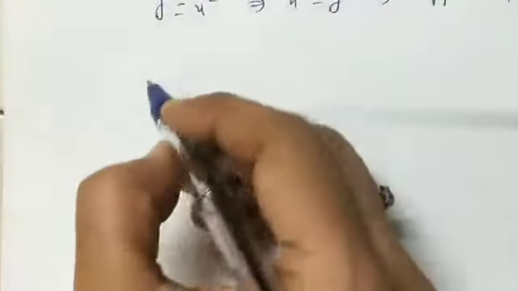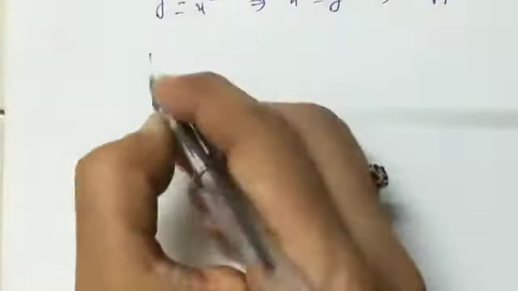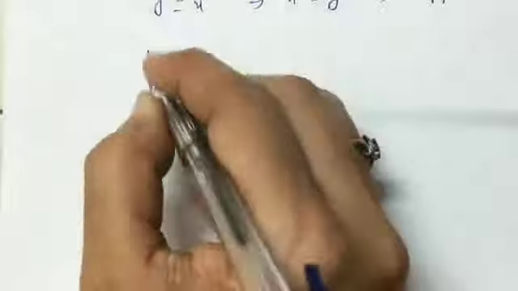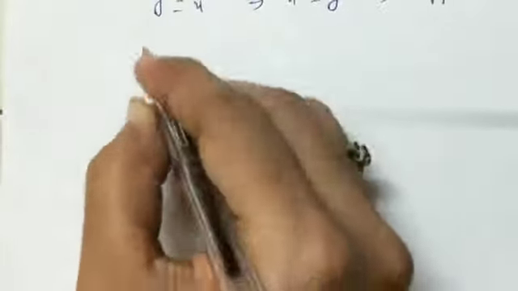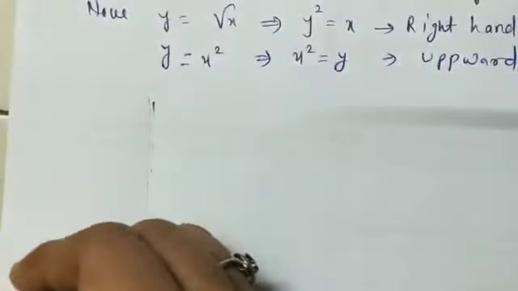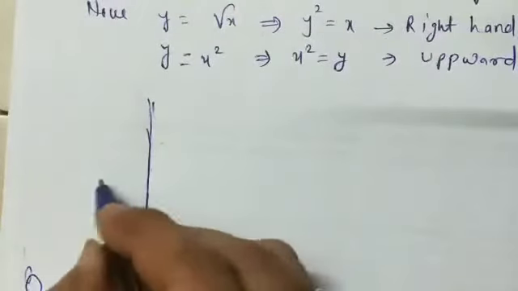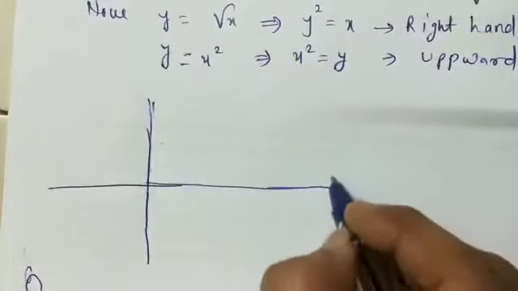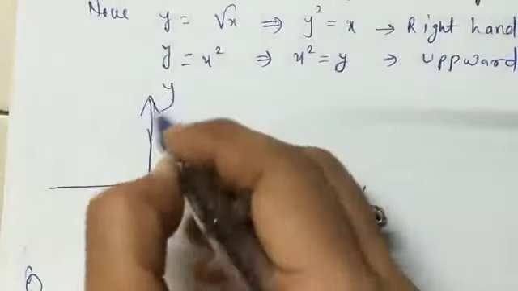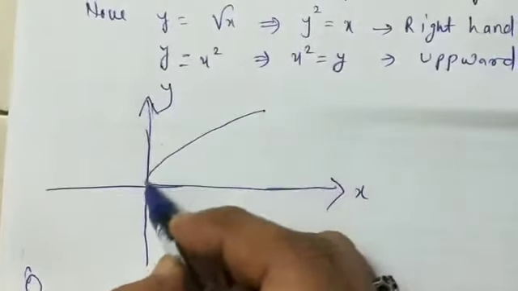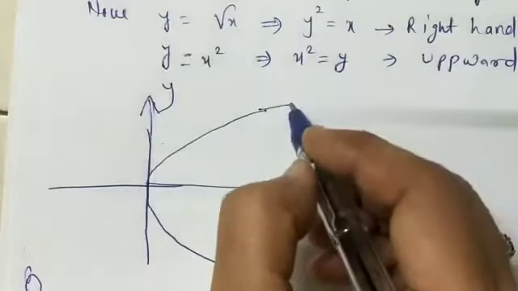So if I go to draw the diagram for this, students, how will it look? See, this is your y-axis and this is your x-axis, right? So when you draw the right hand side parabola, it will look like this, correct? Name it immediately.